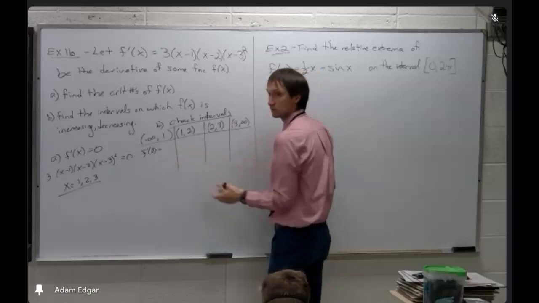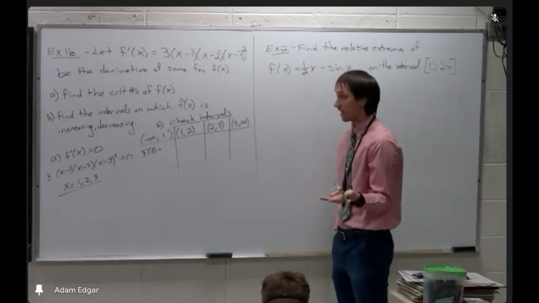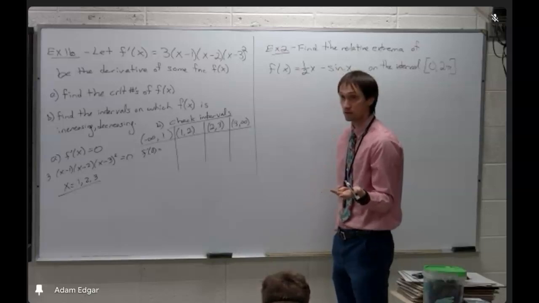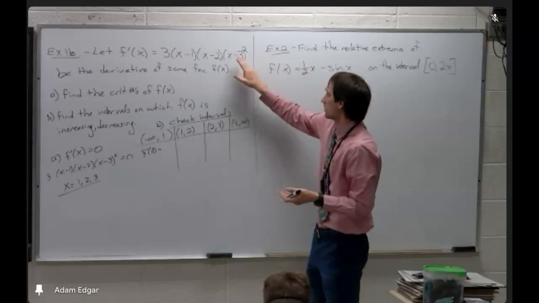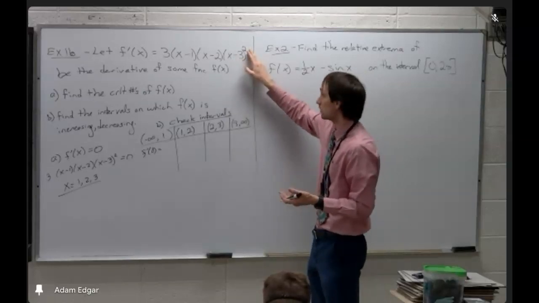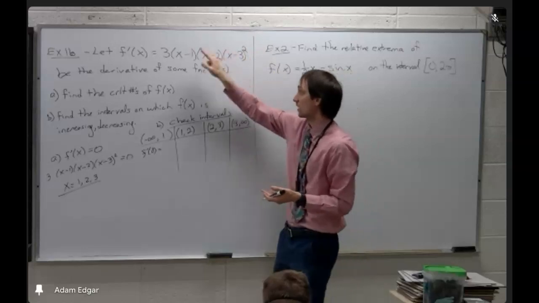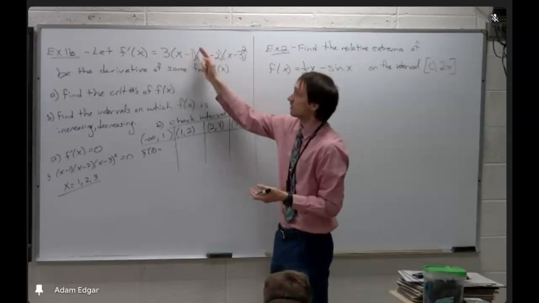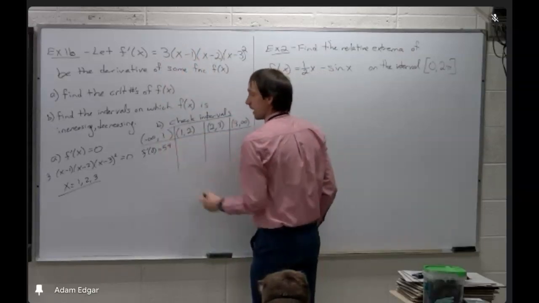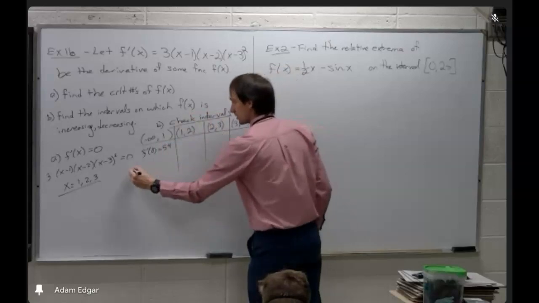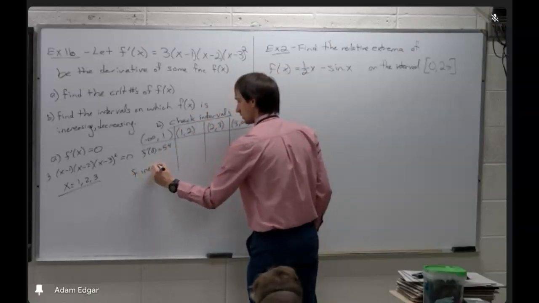So I have 54. Okay. Well, what's negative 3 squared? 9 times negative 2. Negative 18 times negative 1. 18 times 3. 54. All right, cool. And so since that's positive, we say f is increasing.